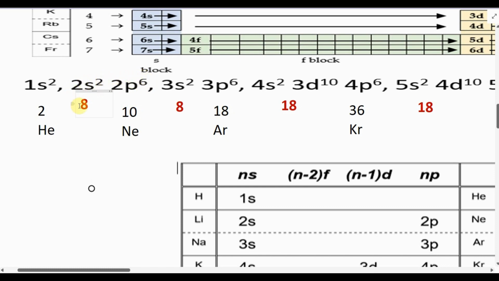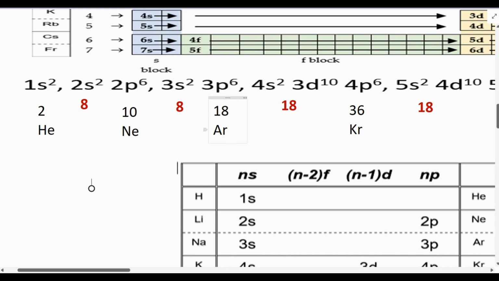That's a total of 8 more. 8 plus 2 makes 10. That brings us to neon. The third shell fills like the second. We have 3s2, 3p6. So that's another 8 electrons. 10 plus 8 makes 18. That brings us to argon.